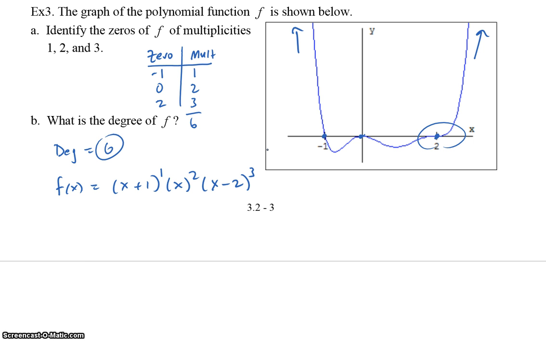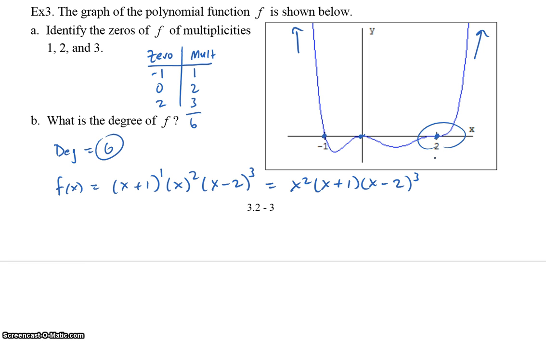Now, the way we would usually see this written would be something like x squared times x plus 1 times x minus 2 cubed. Simply rearranging the factors, that's all I'm doing there. But that actually is the polynomial that produced that graph.